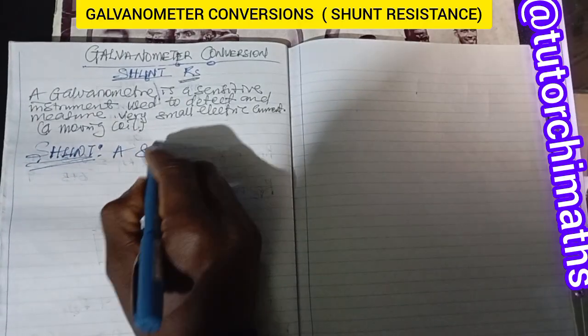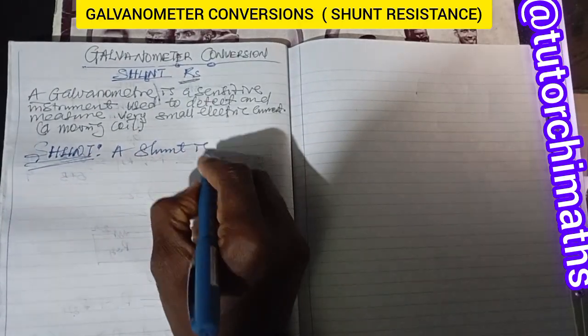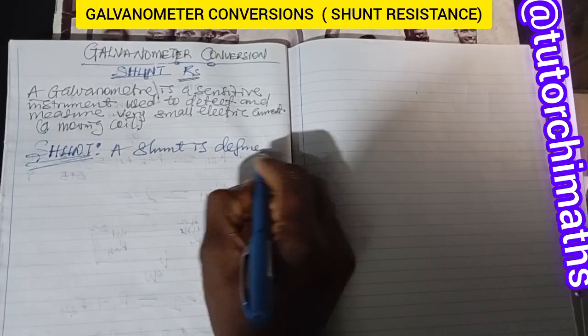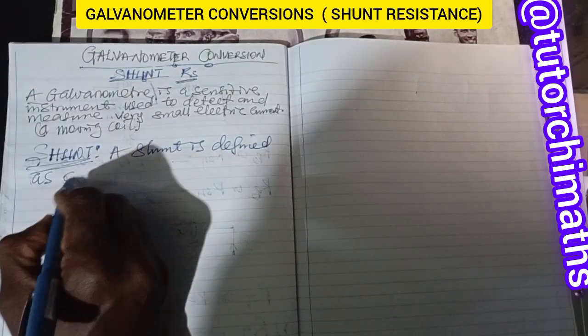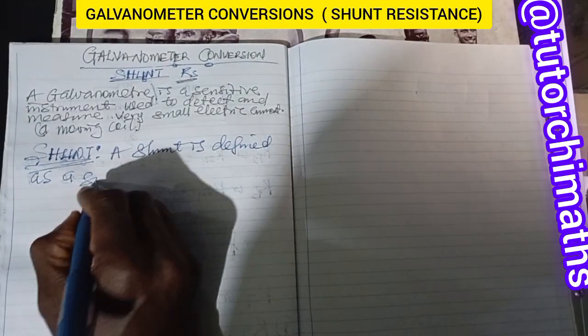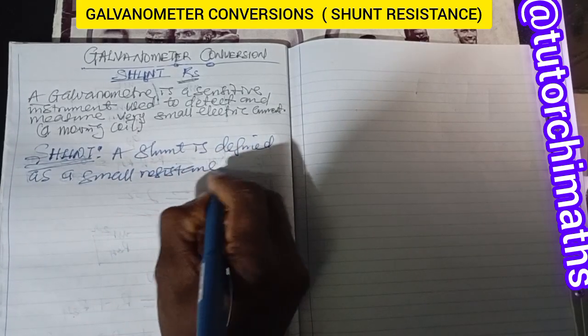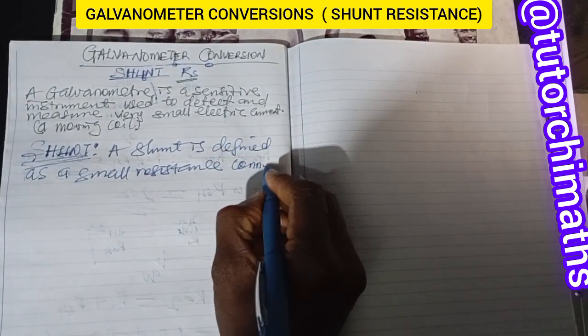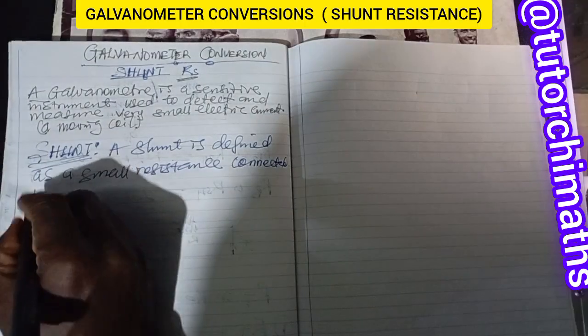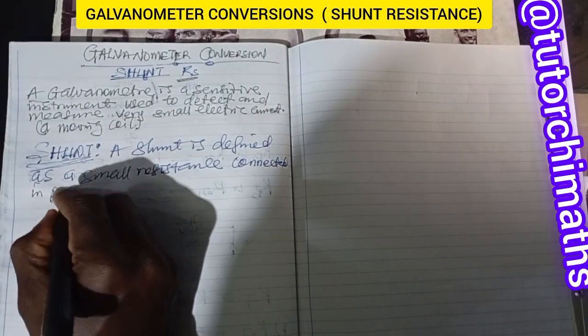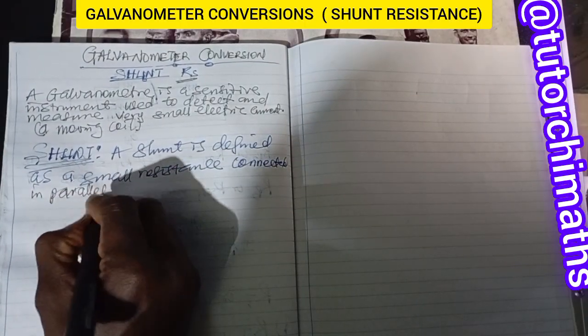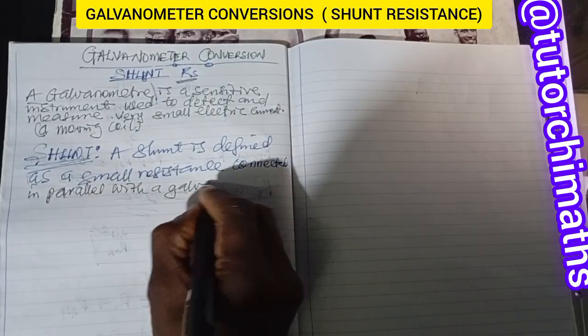A shunt is defined as a small resistance connected in parallel with the meter.